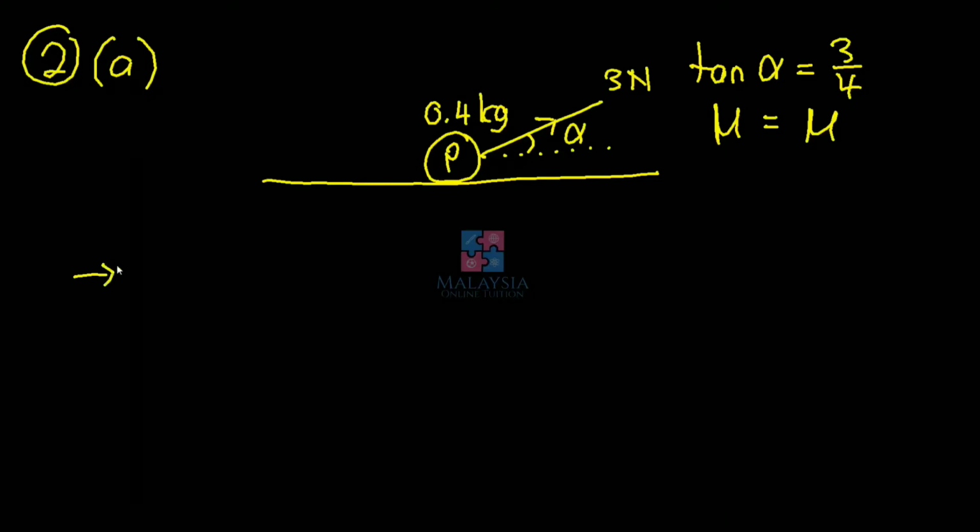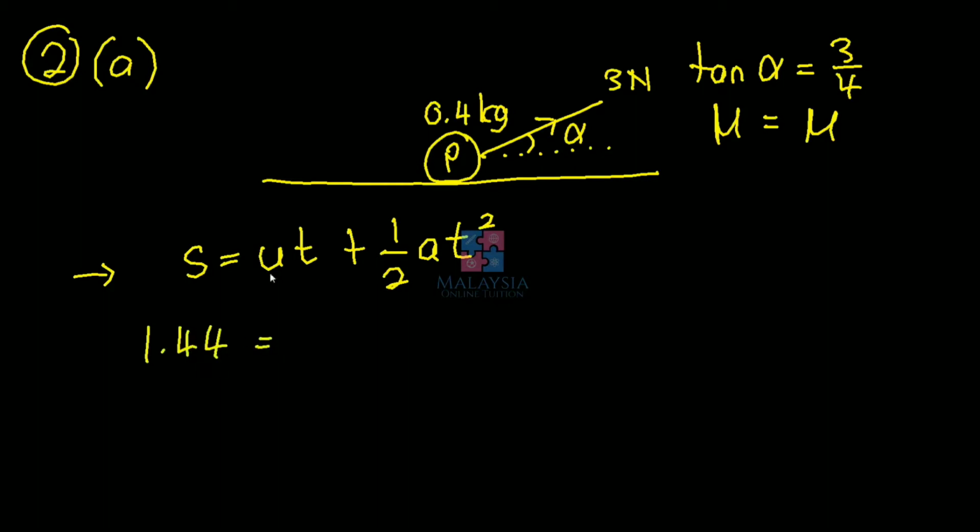So according to the formula sheet that we have, the formula that we can use for this question will be s equals ut plus half at squared. Since we have the distance, the initial velocity, and the acceleration, and we want to find the time. So 1.44 meters equals, since the particle starts from rest, your u will be 0.